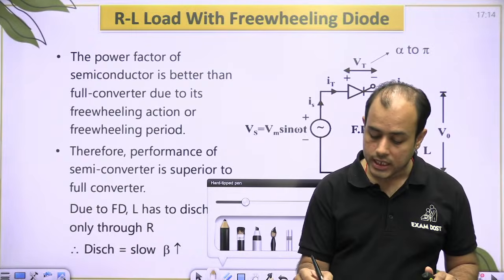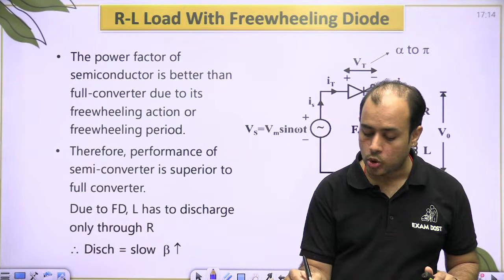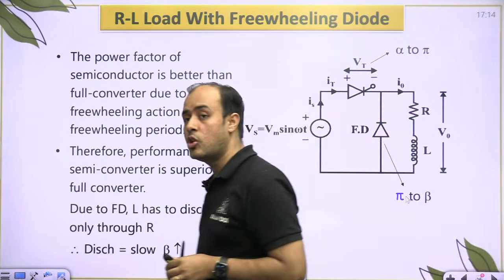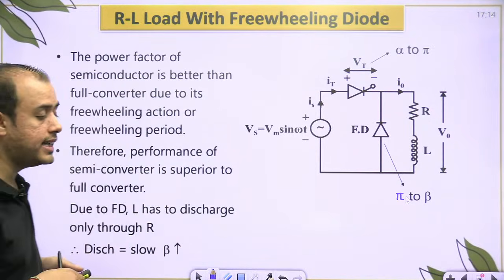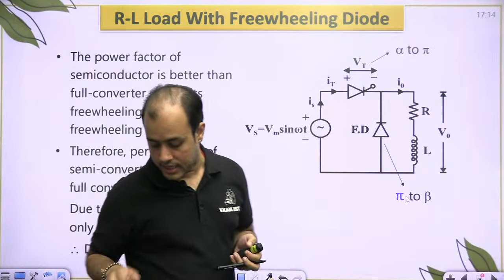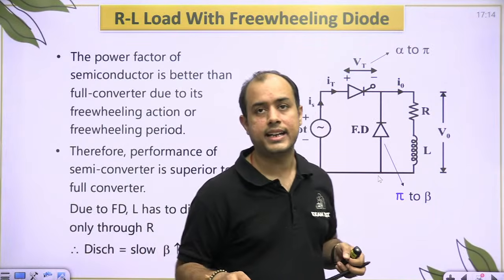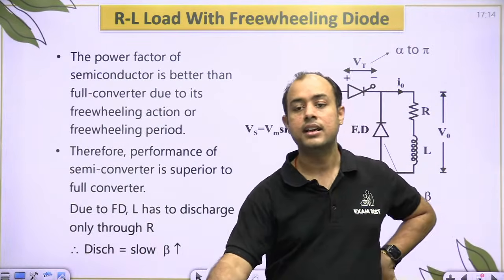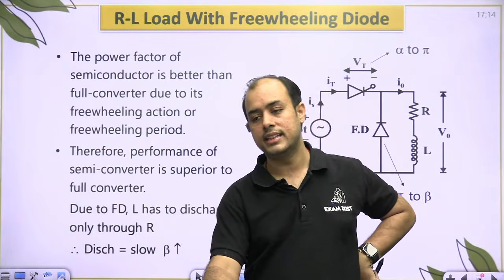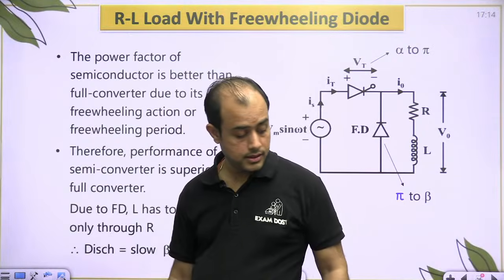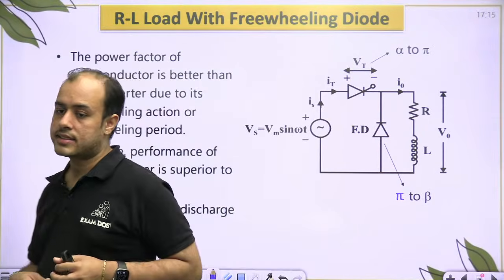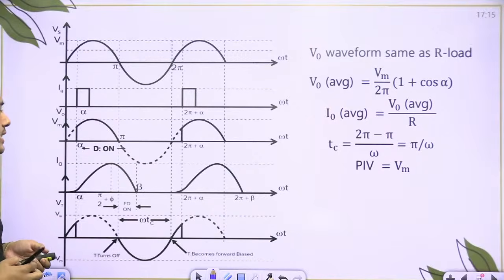Other than that, it will also increase the value of beta because inductor takes more time to discharge. Now inductor energy is only getting dissipated in the resistor, not in the supply. Okay? So slow discharging, hence beta increases.